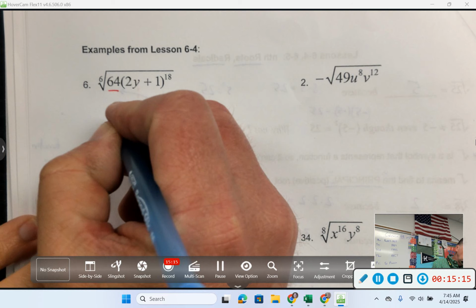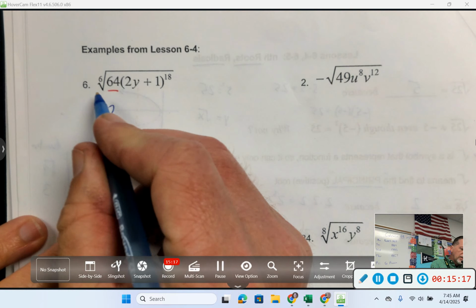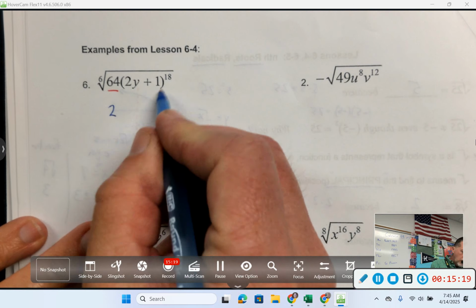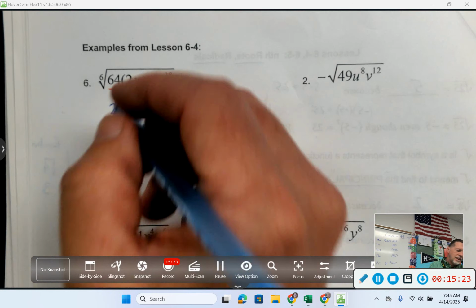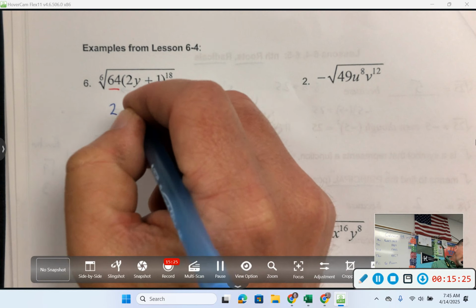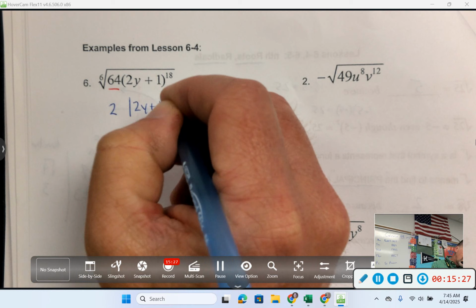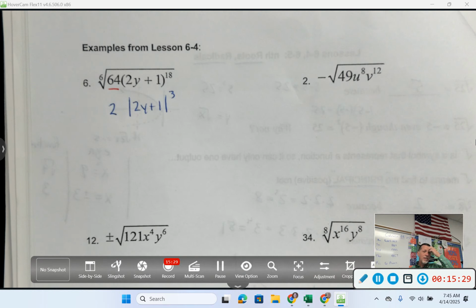So that's 2. Well, what about the 6th root of 2y plus 1 to the 18th? Absolute value of 2y plus 1 to the 3rd, because even powers wipe out negatives.